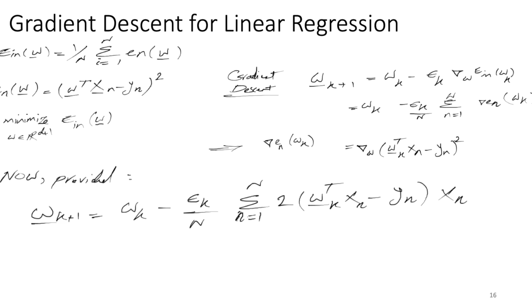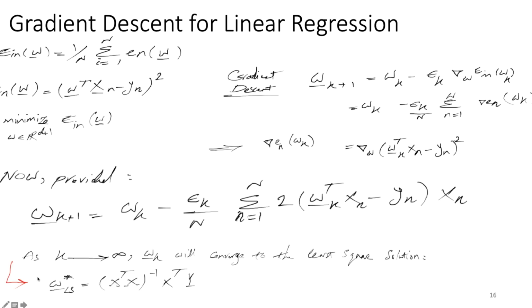Now, in the case of linear regression, your W k plus 1 is your W k minus this value. In a case where the number of iterations goes towards infinity, so you have many iterations, there's a very simple proof, which you can check in your textbook or online, that this formula converges to the good old least square formula.